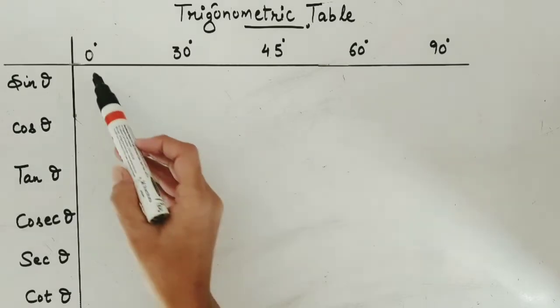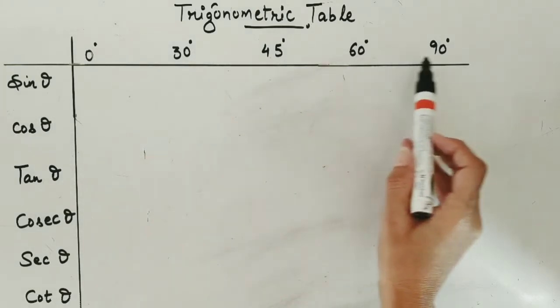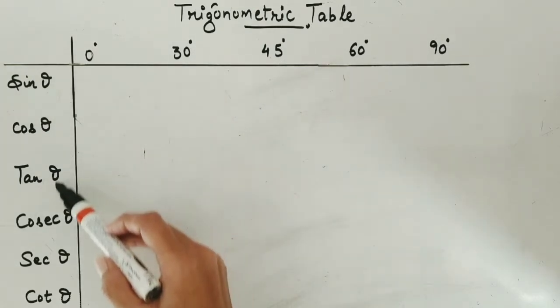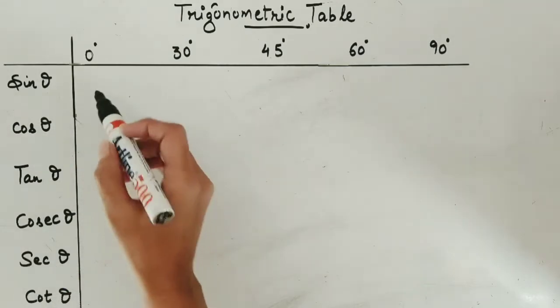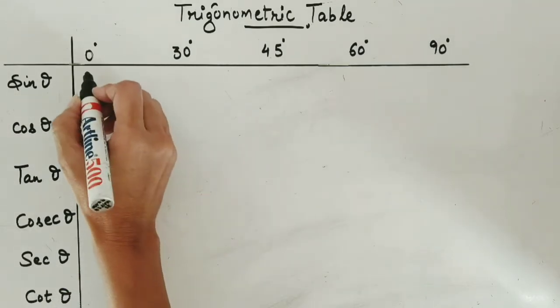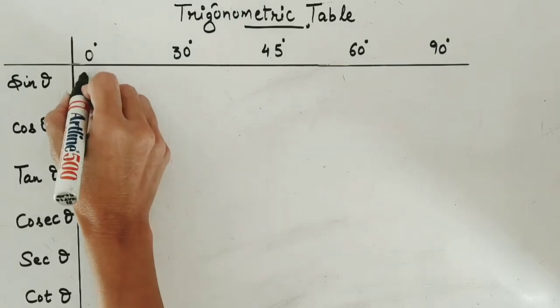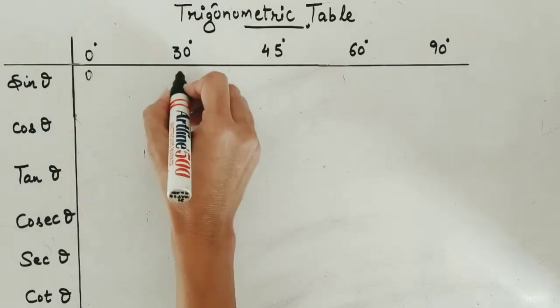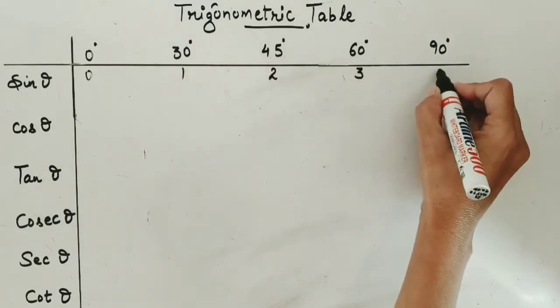So we know we deal with 0 degree, 30, 45, 60 and 90, and all our 6 functions are listed on one end. First step would be, you would begin with, start from 0, 1, 2, 3, 4.